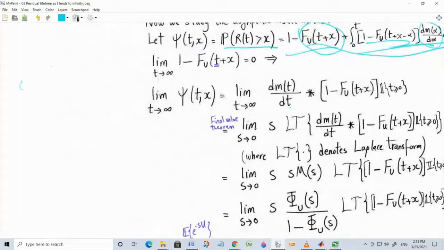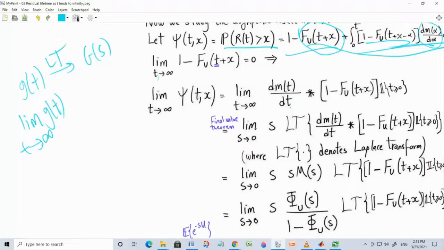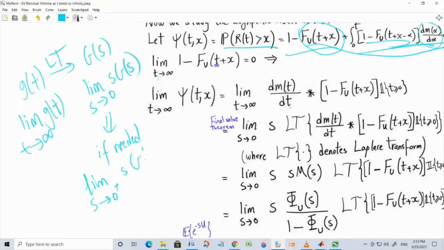So remember, if G of T has a Laplace transform, which is G of S, and you are interested in examining the limit as T goes to infinity of G of T, assuming that this limit exists, then you can play this game in the S domain by investigating the limit as S goes to 0 of S G of S. And if needed, you can investigate the limit as S approaches 0 from the right of S G of S. But again, we will not pay big attention to this issue here.